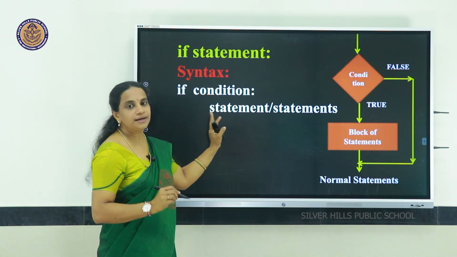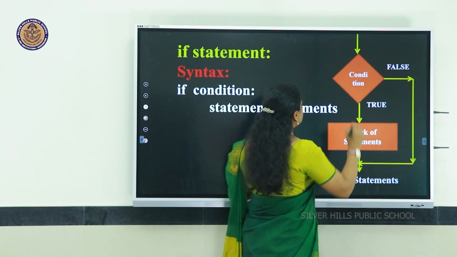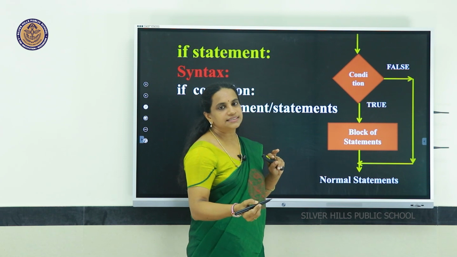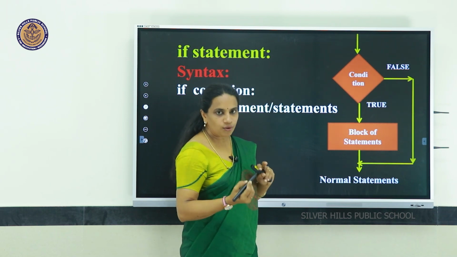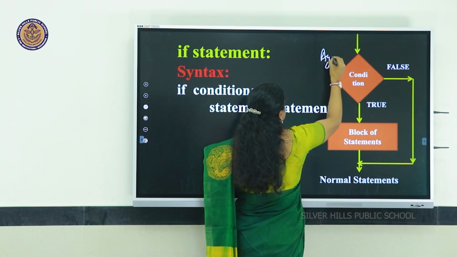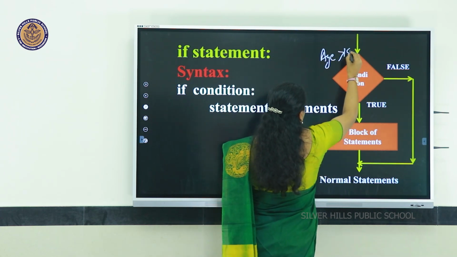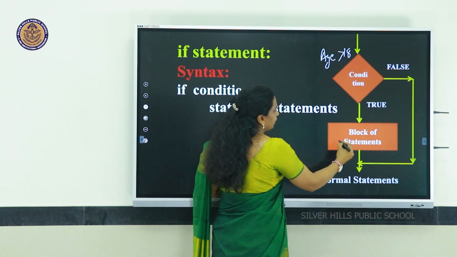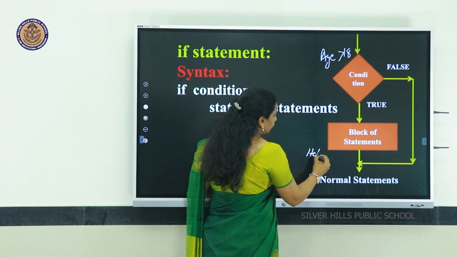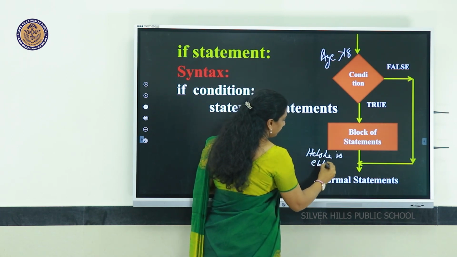This is simple if statement. The condition is checked here. For example, suppose I want to know whether a particular person is eligible for voting or not. What is the condition? You have to input age, and if the age is greater than 18, that is, if it is true, in the block of statements you can write that the person is eligible for voting.